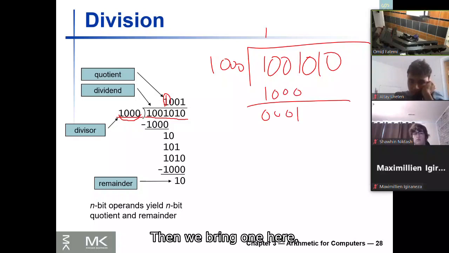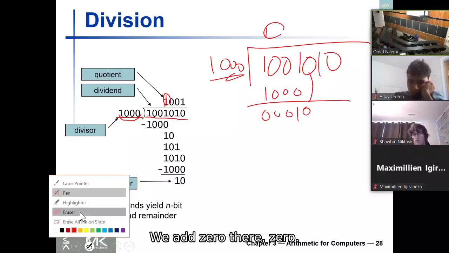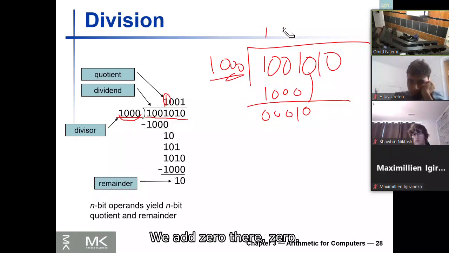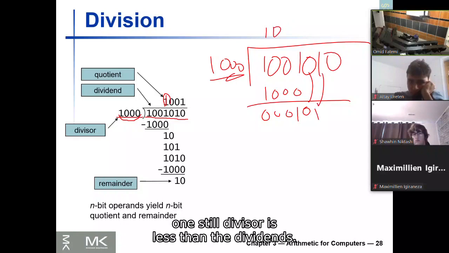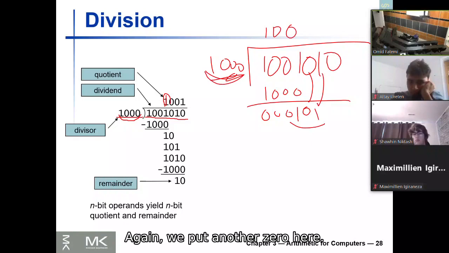So 0, 0, 0, 1, this is the subtract. And then we bring down the next bit, 0. So it doesn't fit, so we add 0 there. Then we bring another. So it is 1. It is still the divisor is greater than the new dividend, so again we put another 0 here.